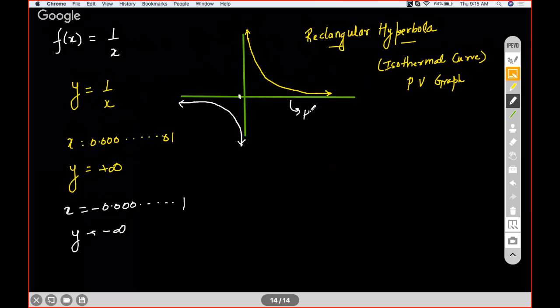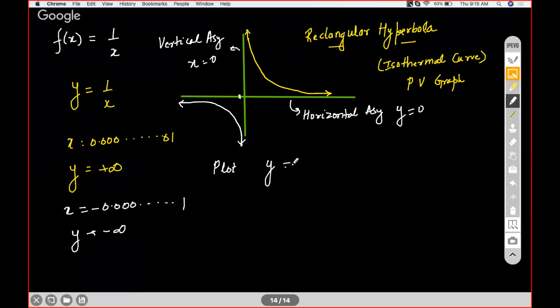One is a horizontal asymptote, whose equation is y is equal to 0, and one is vertical, x is equal to 0. Now plot the y is equal to 1 by x minus 3 graph.